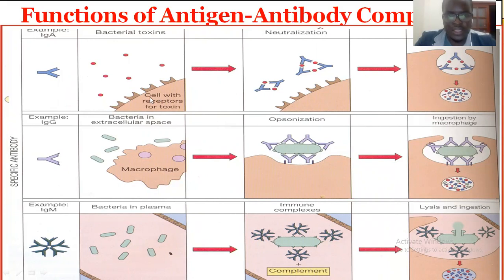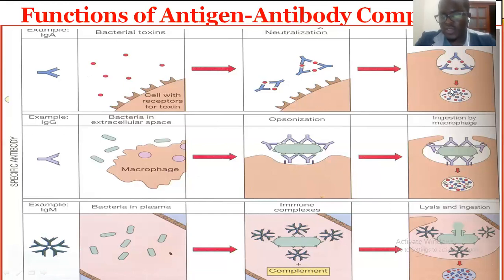So you can see the cell with the receptor for the toxin. But this antibody will go and bind with the toxin, which results in precipitation of this particular toxin. Then they will bind to the receptor of this cell. Then this cell will be able to internalize the toxin.